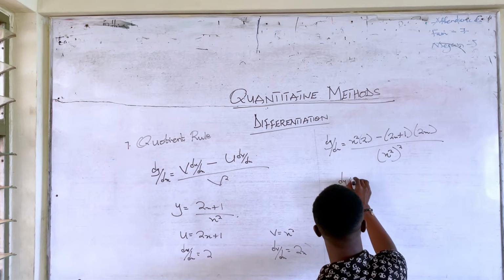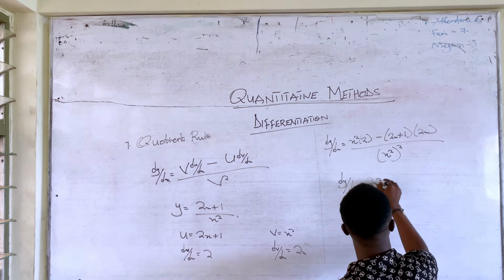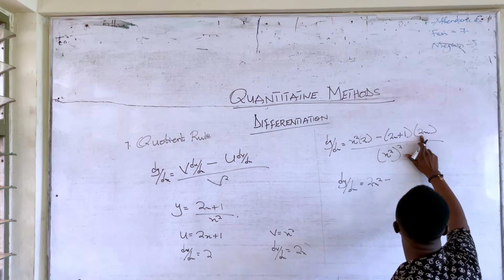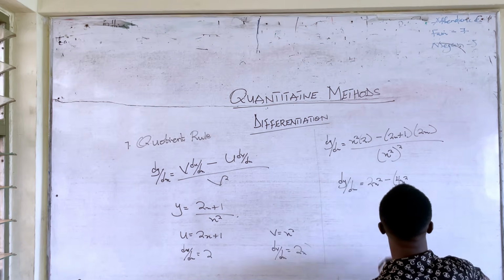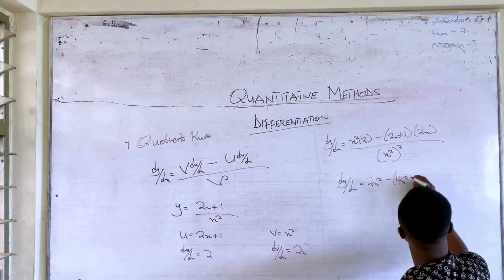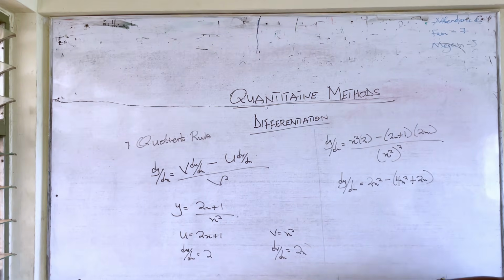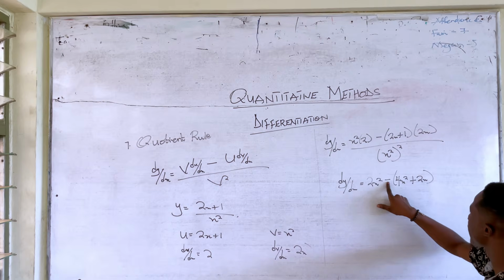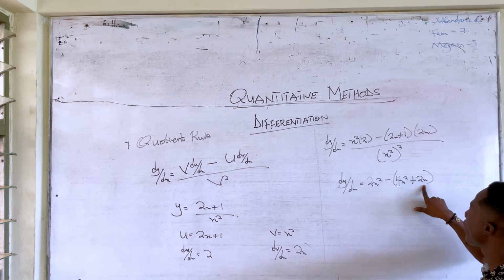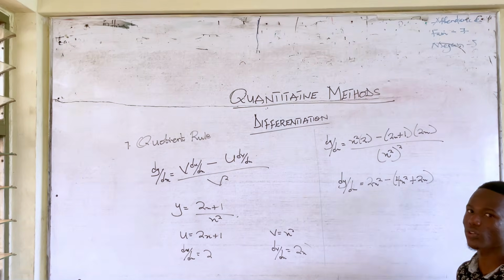dy/dx is equal to 2x squared minus (2x multiplying 2x will give you 4x squared, 2x times 1 will give you 2x). You need to bring this bracket because this negative is affecting all of it. If you remove the bracket, the negative will affect only the 4x squared and not the 2x, and in this case you are going to get the wrong answer.